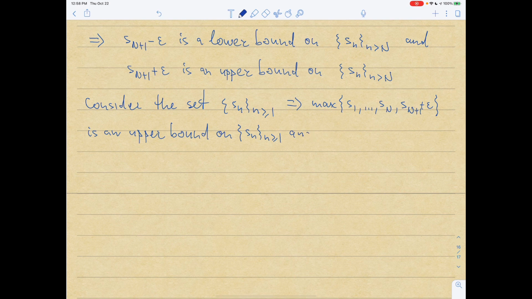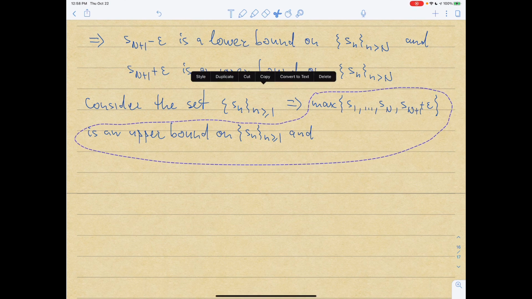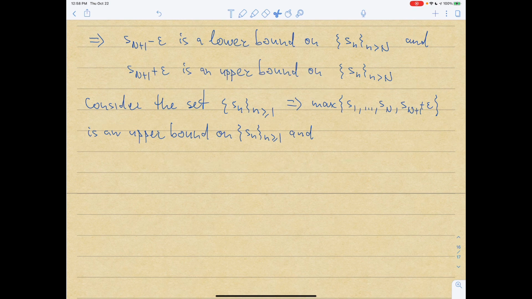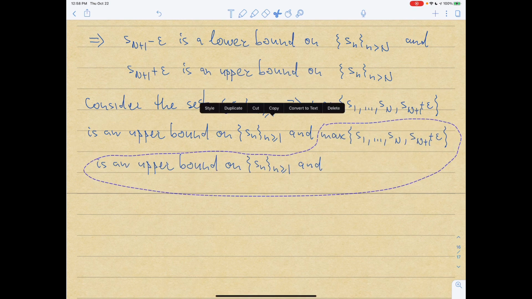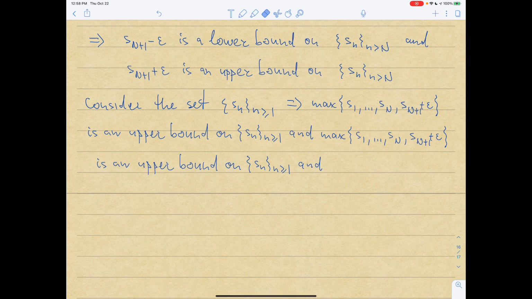And with a similar consideration I would also say that if I take a minimum of the first capital N elements and the lower bound on a subset of the larger set, we can repeat exactly the same arguments for the infimum, right?